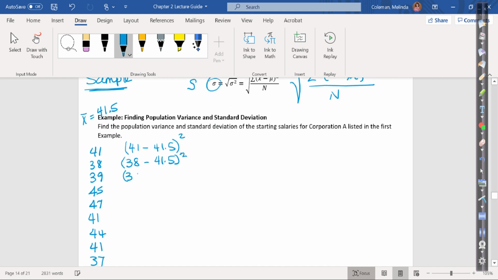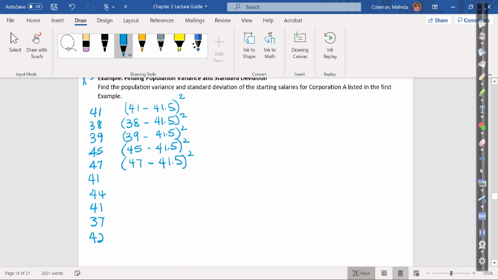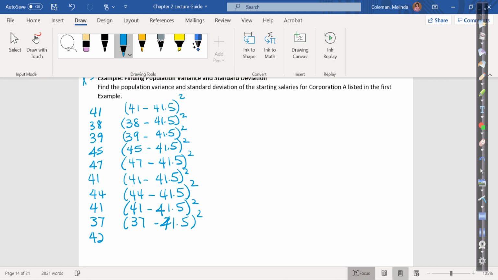I'm going to take 39 minus 41.5 and square that. 45 minus 41.5 squared. 47 minus 41.5 squared. 41 minus 41.5 squared. 44 minus 41.5 squared. 41 minus 41.5 squared. 37 minus 41.5 squared.